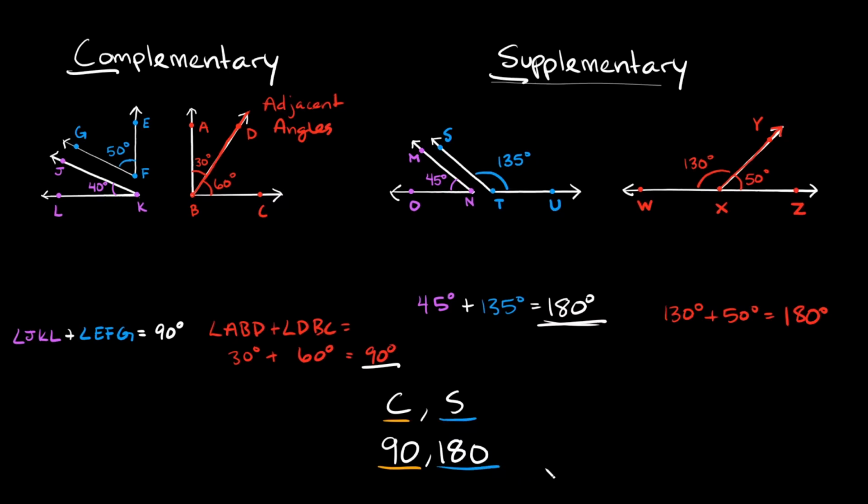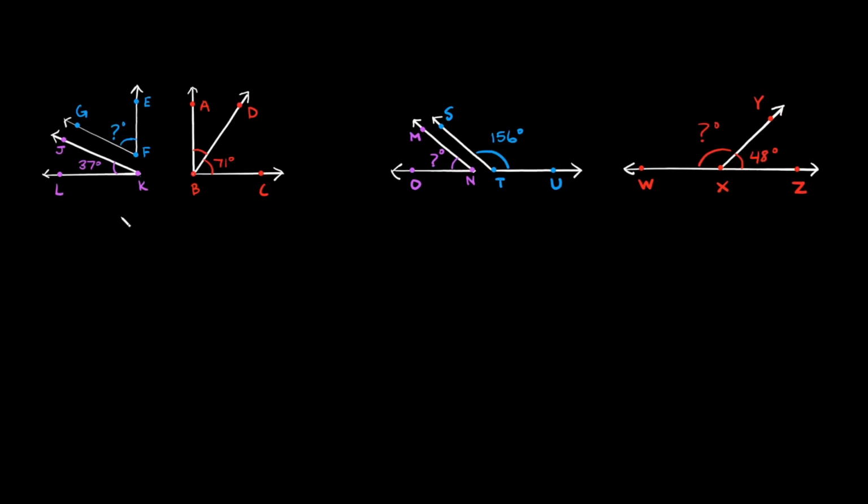Now, one last thing I want to do is just give you an example problem of each one. Starting with this example right here, I'm telling you angles EFG and JKL are complementary angles. That means when you add these two angles up together, they should add up to 90 degrees. So if I'm telling you angle JKL is equal to 37 degrees, what must be the angle of EFG?